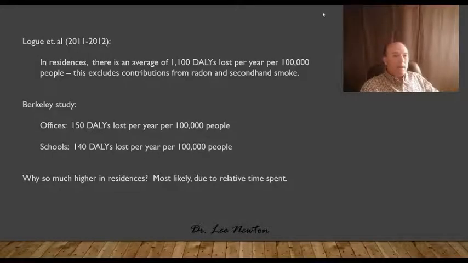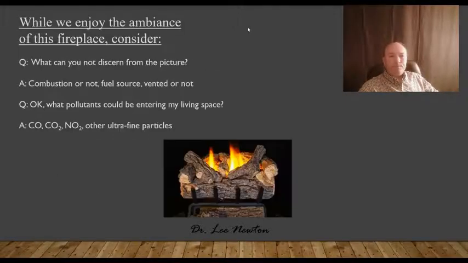So that's pretty huge. And then a Berkeley study looked at offices and schools and found between 140 and 150 disability adjusted life years lost per year per 100,000 people. The difference between 1,100 and 150 is thought to be because we spend a lot more time in residences than we do in offices and schools, simply put.